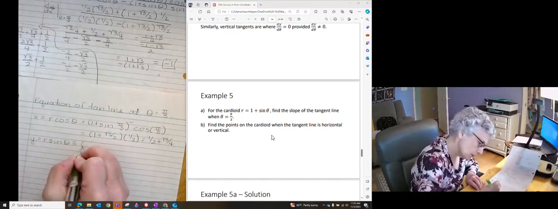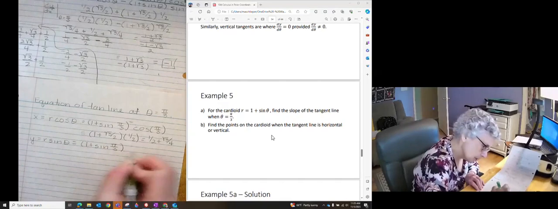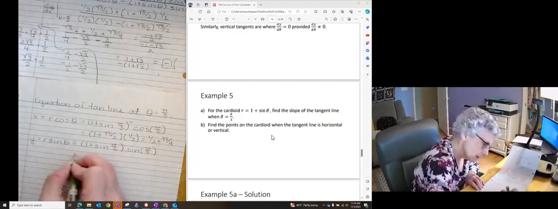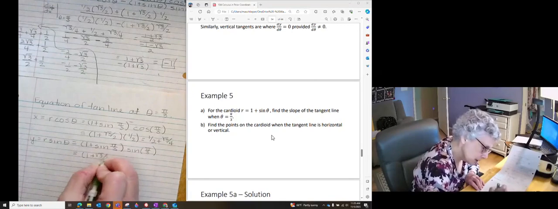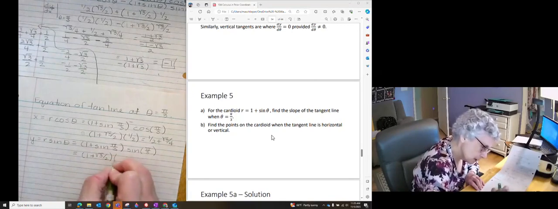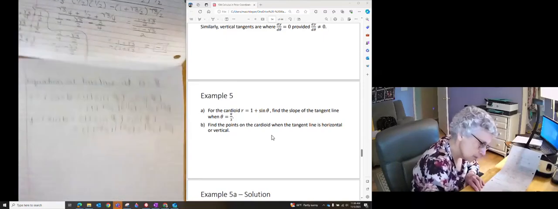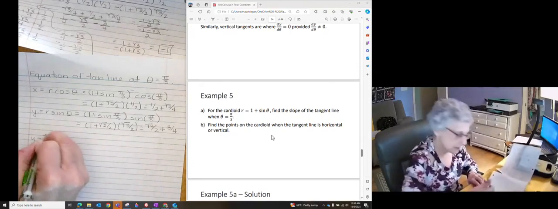And then y would be equal to r sine theta, which would be 1 plus sine of pi thirds times sine of pi thirds, which would be equal to 1 plus square root of 3 over 2 times square root of 3 over 2, which would be square root of 3 over 2 plus 3/4.